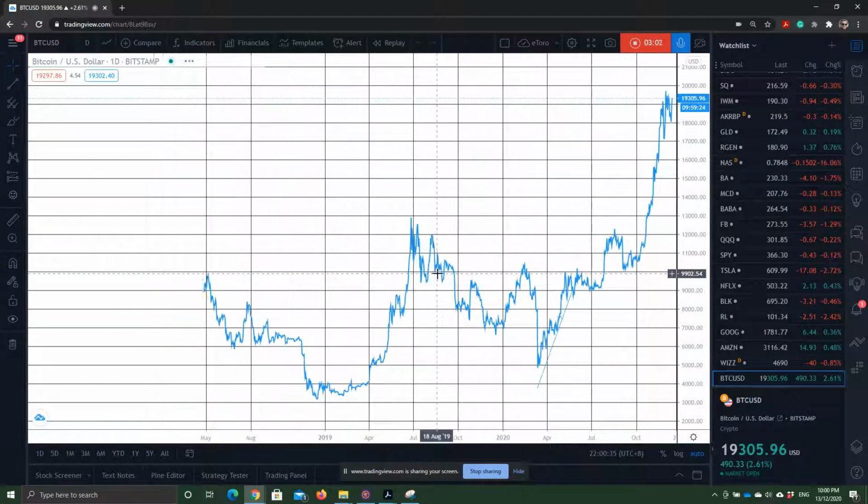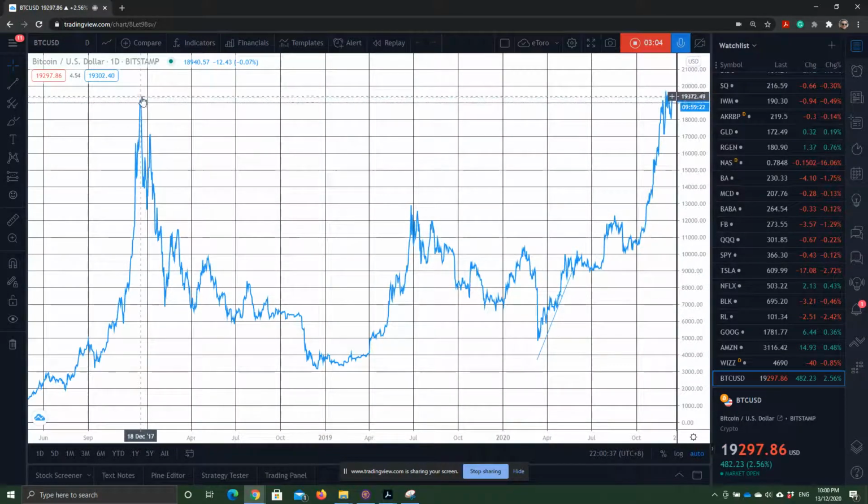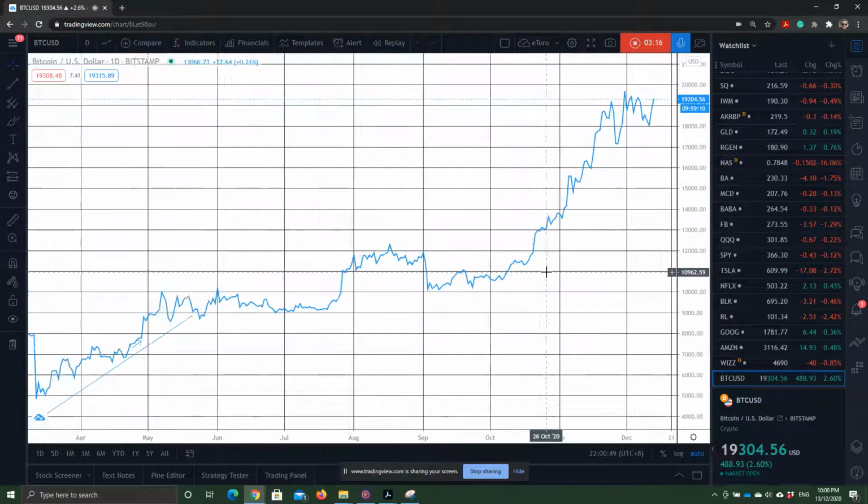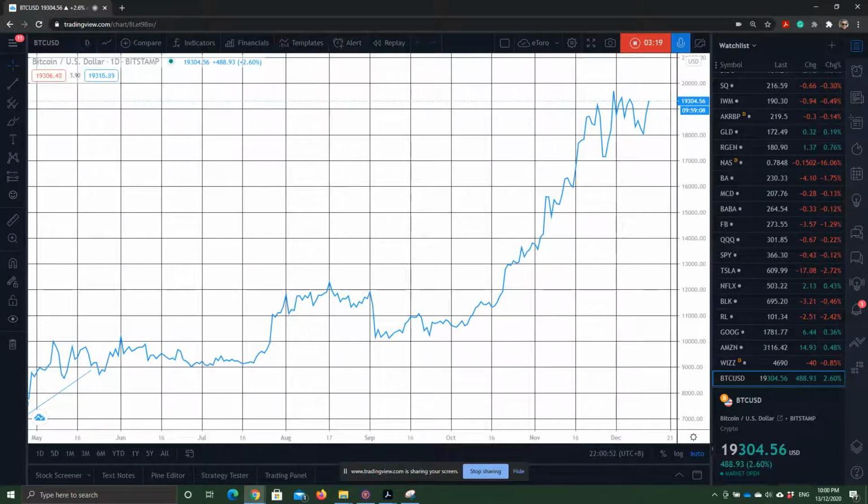And if you go back here after December 2017, we've been in a bearish scenario. But now Bitcoin is bullish. So this is a very simple chart. You can use it in conjunction with other charts to find the best trend.